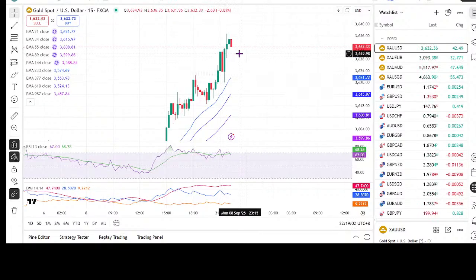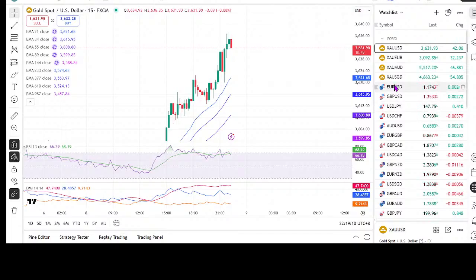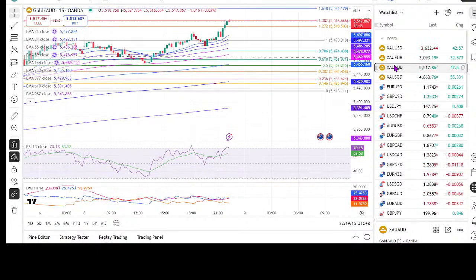Now there is a chance that the high can be seen.